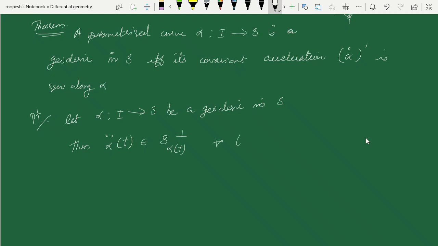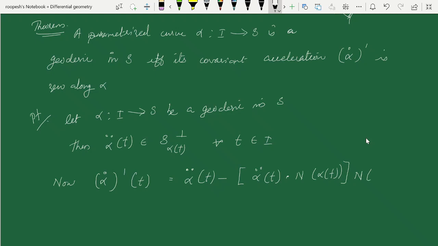For every t belongs to I. Now alpha dot dash of t, this we want to find now. By definition, that is equal to alpha double dot of t minus alpha double dot of t dot n of alpha of t times n of alpha of t.